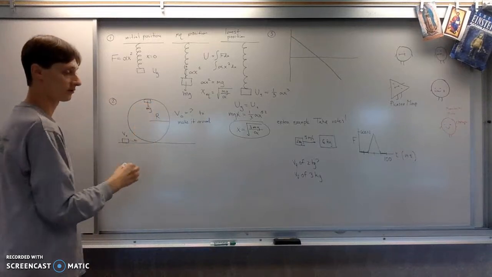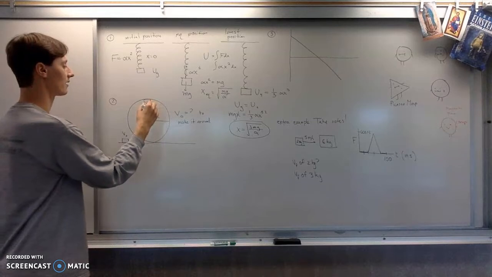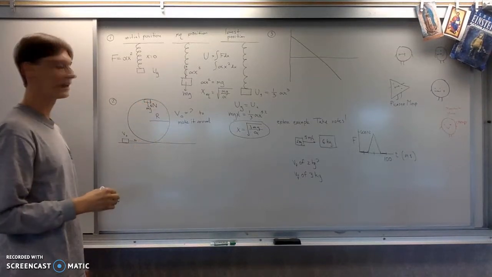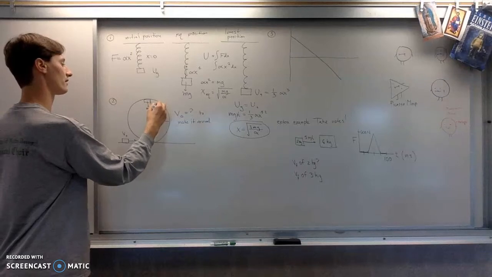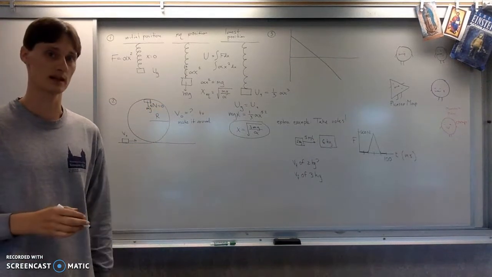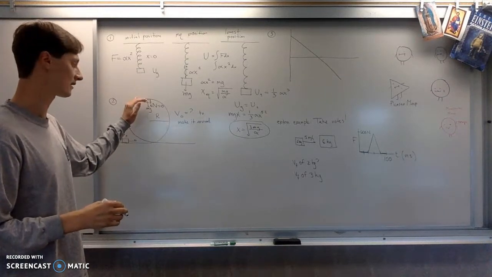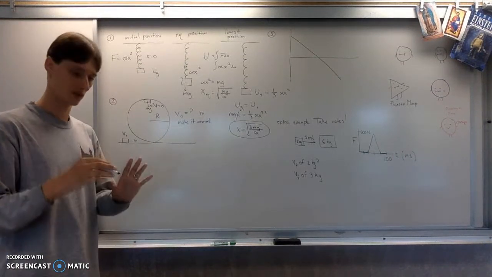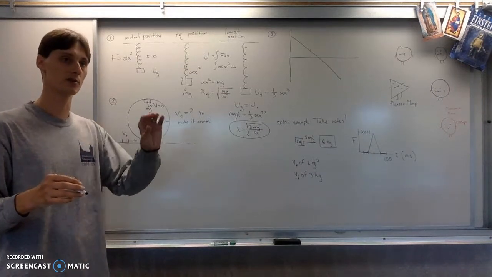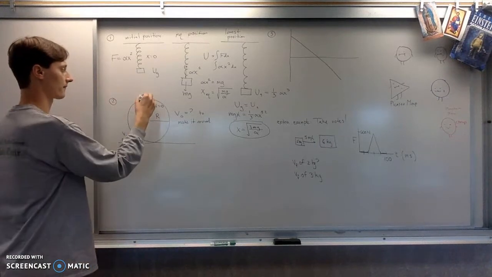All right, well, gravity. If it were going faster than it needed to go, there would also be a normal force downwards. However, in this case, the normal force is going to be 0 because they're talking about the minimum speed required. So if this is going the minimum speed it has to, then it just barely brushes the top of the track.